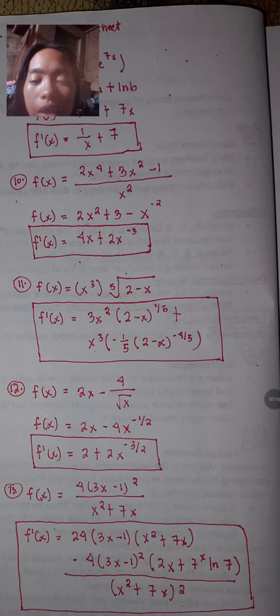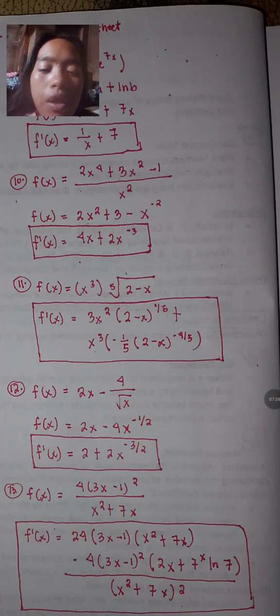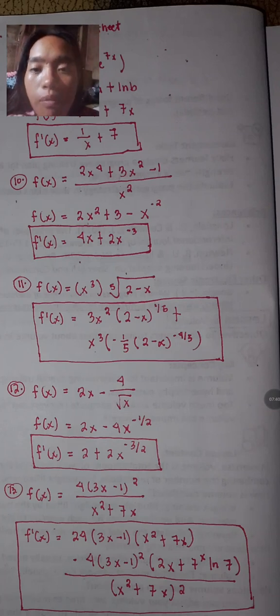Then our number 11, f of x is equal to the quantity of x cubed times the 5th root of 2 minus x. So our derivative is f prime of x is equal to 3x squared times the quantity of 2 minus x raised to 1/5 plus x cubed times negative 1/5 times the quantity of 2 minus x raised to the power of negative 4/5.